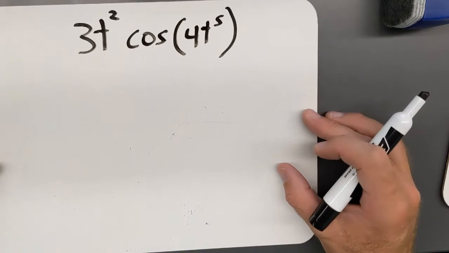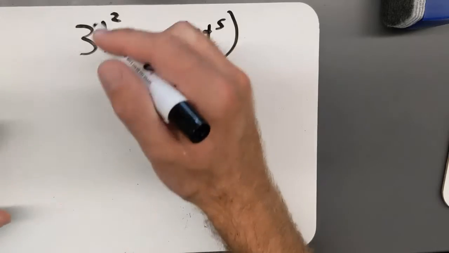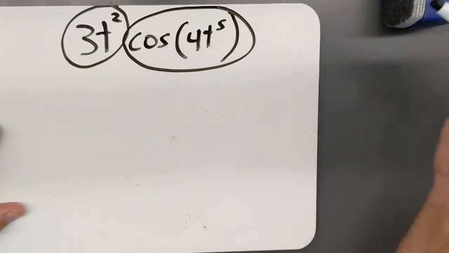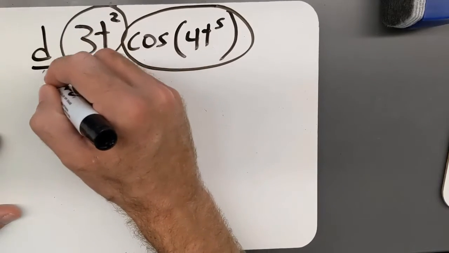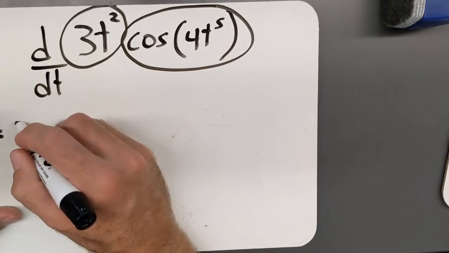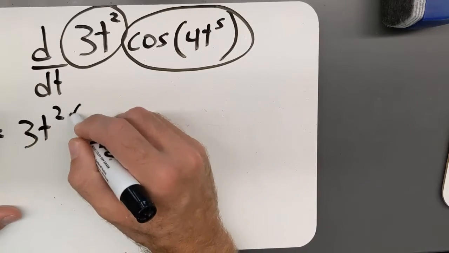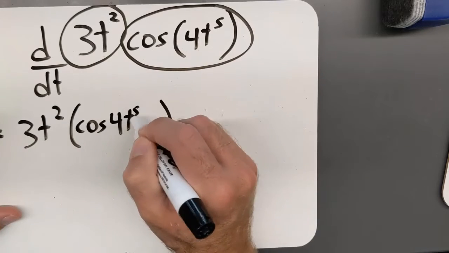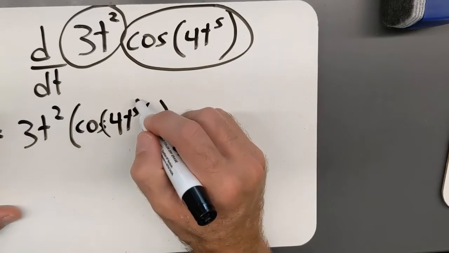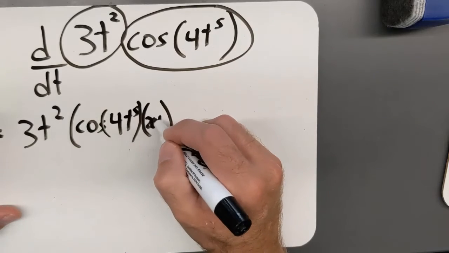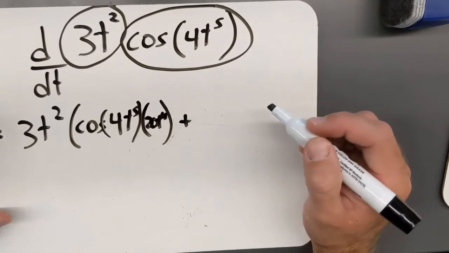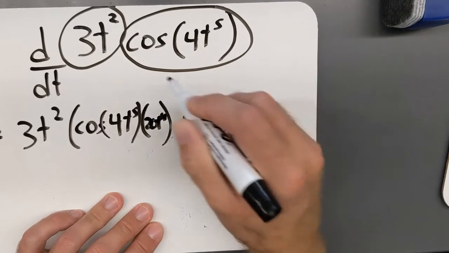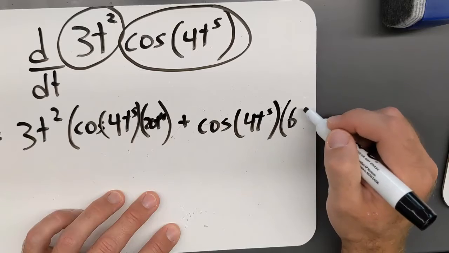Well, now we're back to our old procedure of first times the derivative of the second plus the second times the derivative of the first. So we take dt of all this. We will get the first, which is 3t squared, times the derivative of the second. Now we write this whole thing, cosine 4t to the fifth, times the derivative of what's inside, 20t to the 4, plus the second, cosine 4t to the 5, times the derivative of the first, which is 6t.